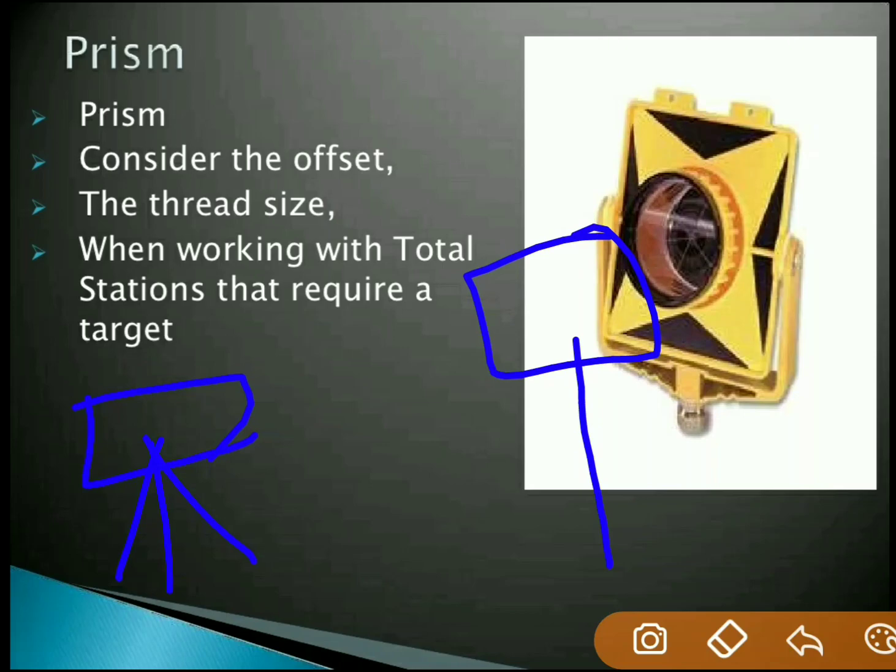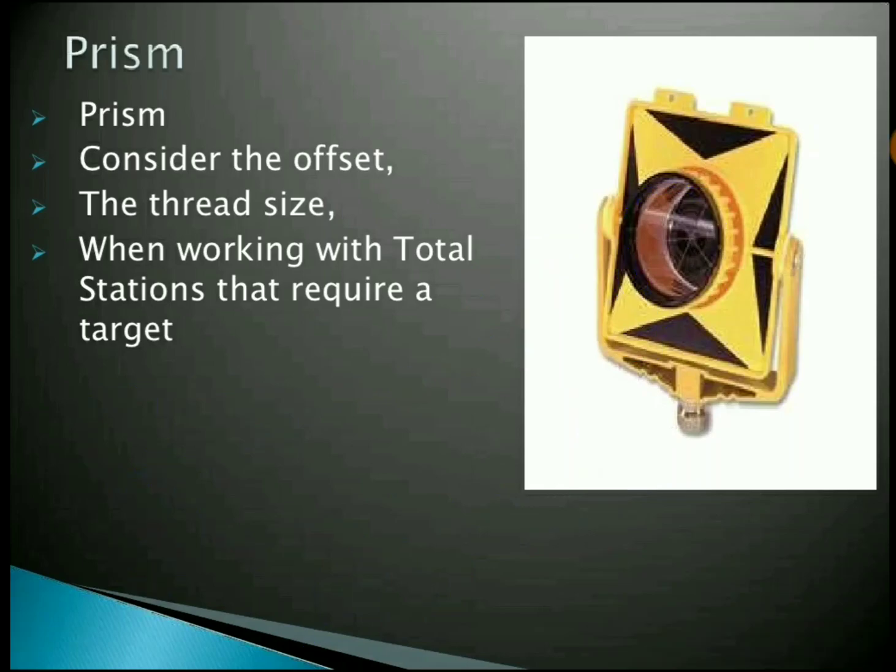The electromagnetic waves are transferred and targeted to the center of the prism. In this way we are measuring the distances. We have to follow this procedure. We are using the prism in a total station as a target.